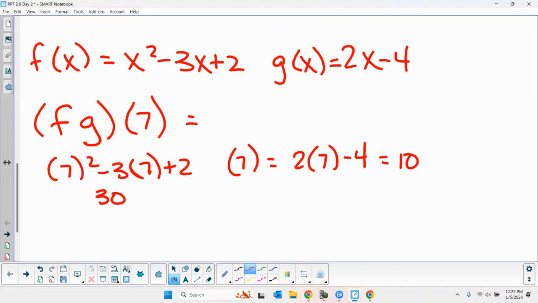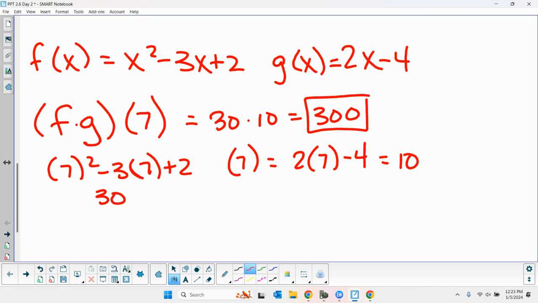Multiply, because that's what this means, right? Even though there's no symbol. So it's 30 times 10, which is 300. This way is easier than multiplying those two together first and then plugging in 7. But it's not wrong if you do it that way. I'm just trying to show you the quicker, easier way.